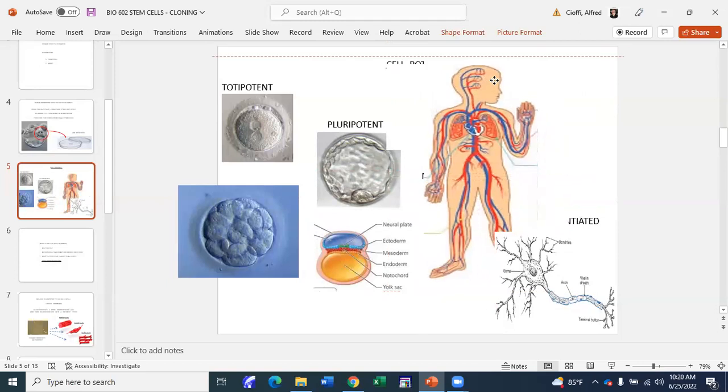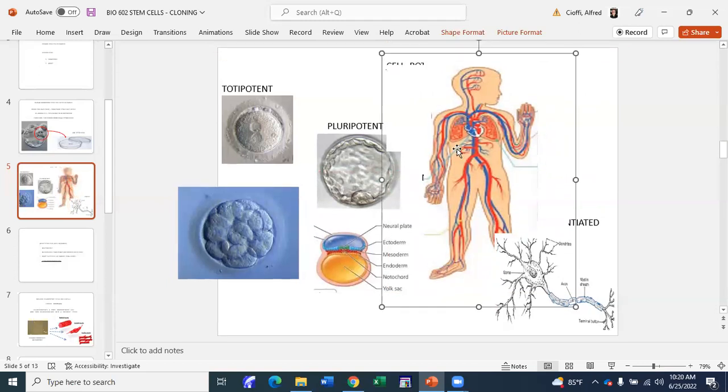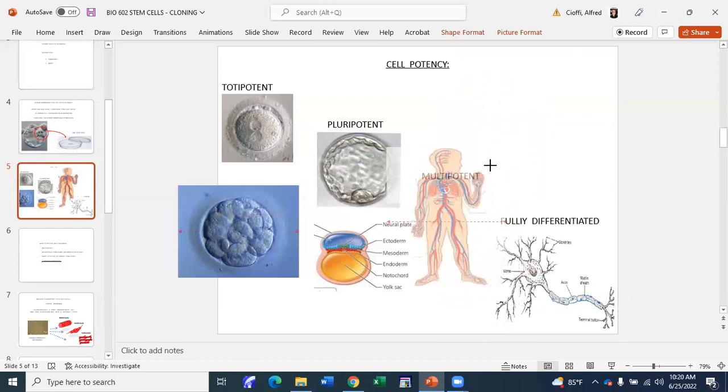What happens in multipotent, here's just the circulatory system, probably respiratory system, cardiac functioning.